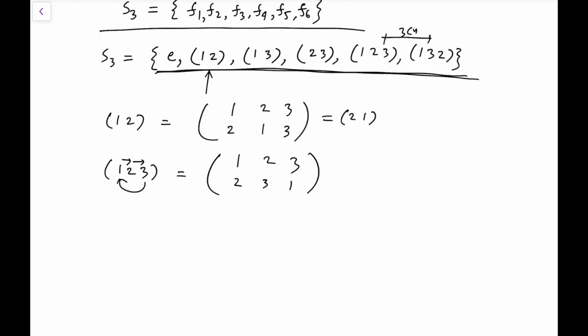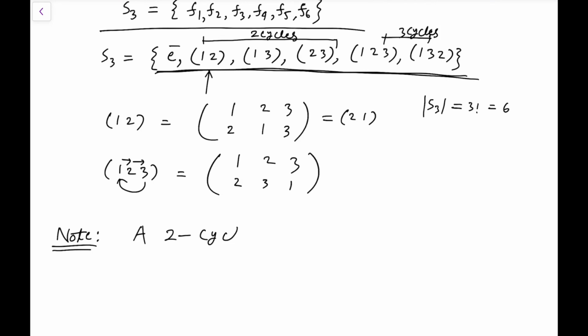There are two 3-cycles, and there are three 2-cycles, and one identity element, total 6 elements. Now an important note is that a 2-cycle is called a transposition.